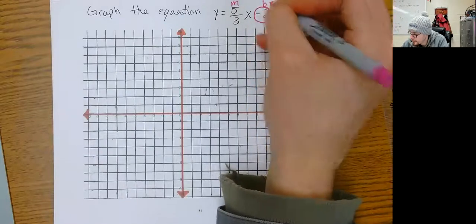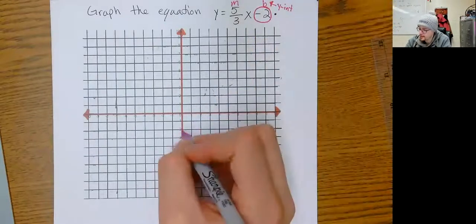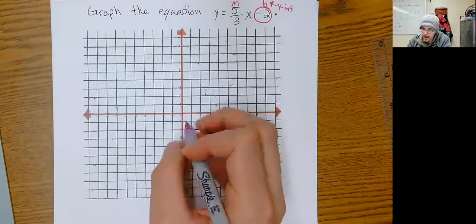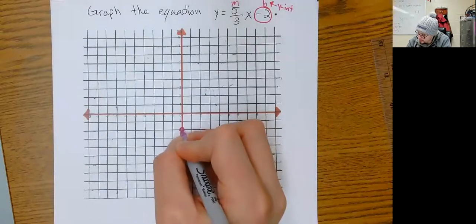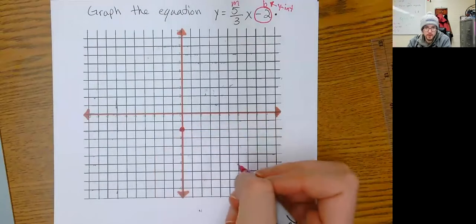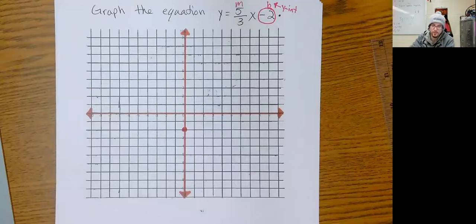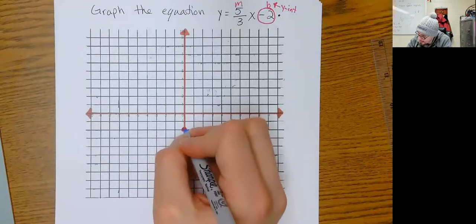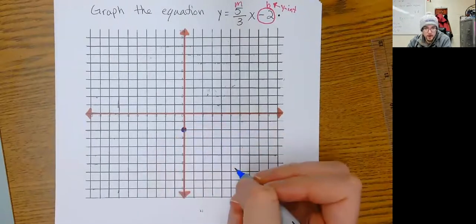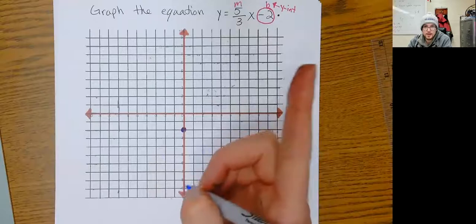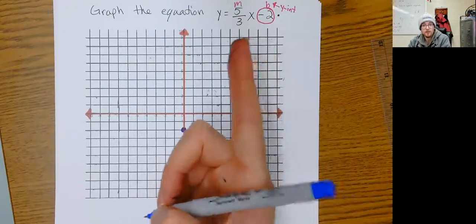All right. So the y-intercept is -2. So I'm going to come down here where it crosses the y-axis and put my starting point. Actually, you know what? I'm going to do this in blue. I put my starting point at -2. All right. And then my slope is positive 5/3.